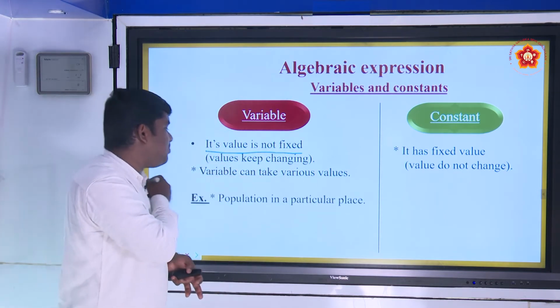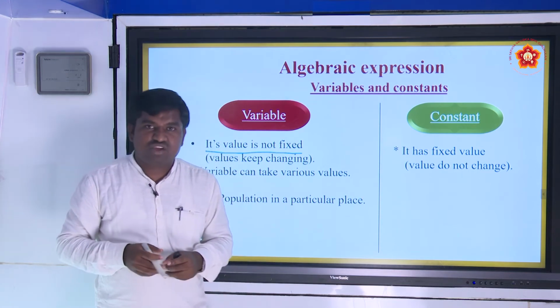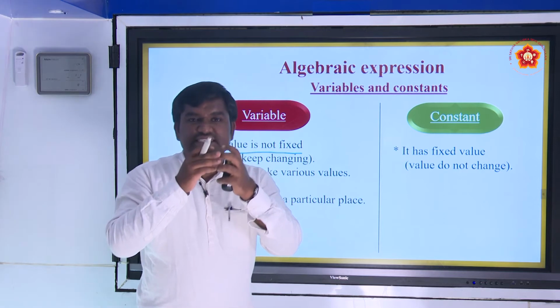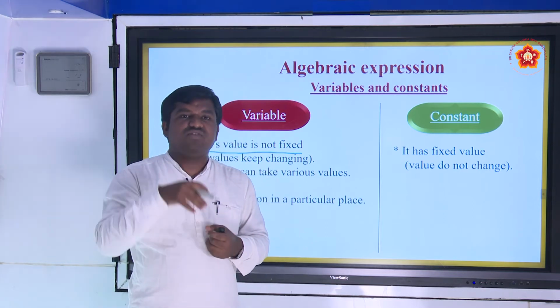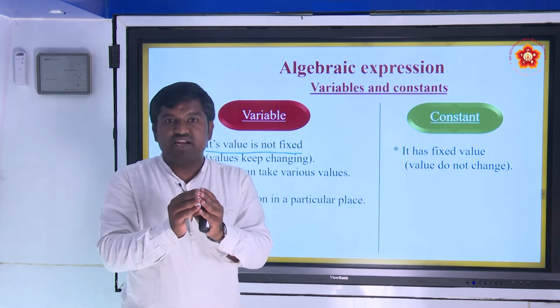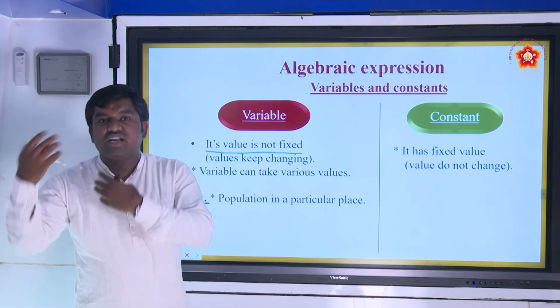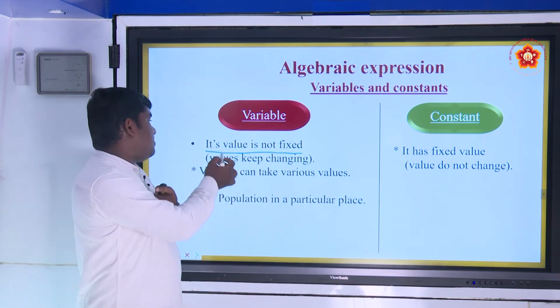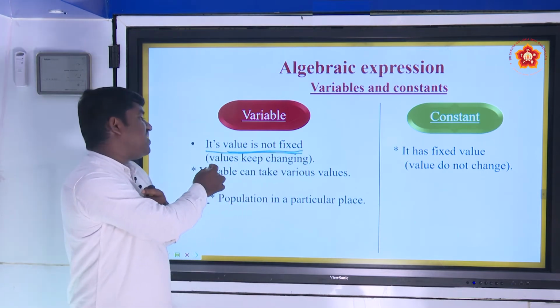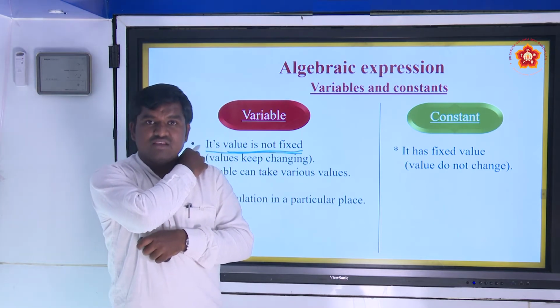Yes, for example, the population in a particular place, or population in a city, or in your village. Is it constant, the same at all times? No, it changes from time to time. So the value is not fixed, values keep on changing, and this is called a variable.